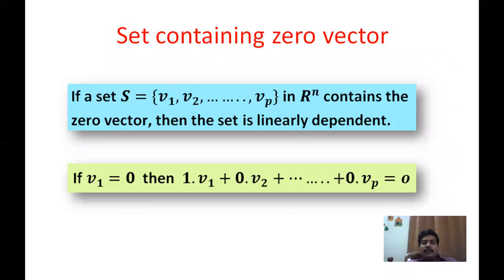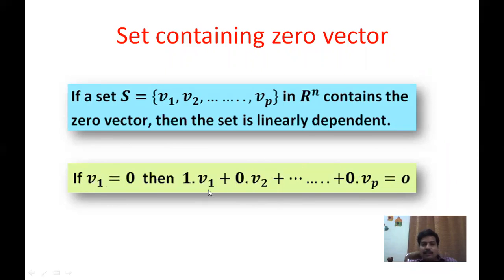Now, a set containing the zero vector. If a set S equal to the set of v1, v2 and so on, vp in Rn contains the zero vector, then the set is linearly dependent. Any set in which there is a zero vector is linearly dependent. Since v1 is 0, I can write 1 into v1 plus 0 into v2 and so on, with the remaining all zeros. 0 into any vector is the zero vector, so these are all zero vectors.